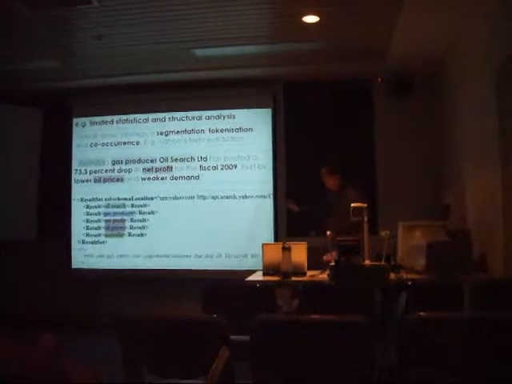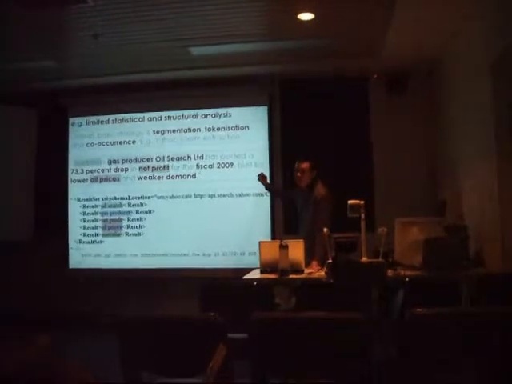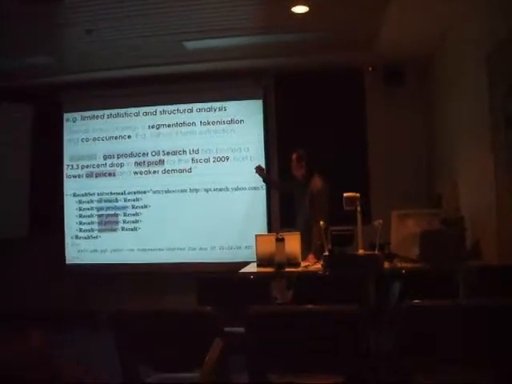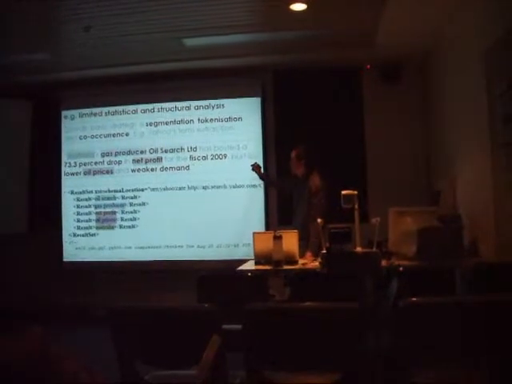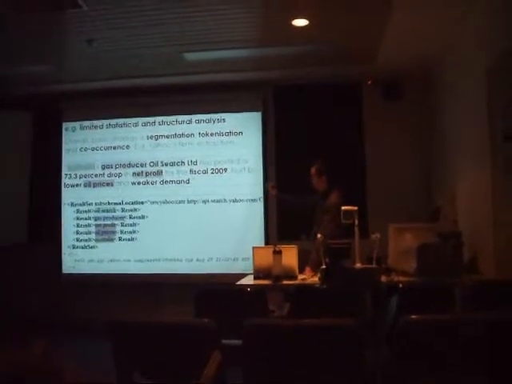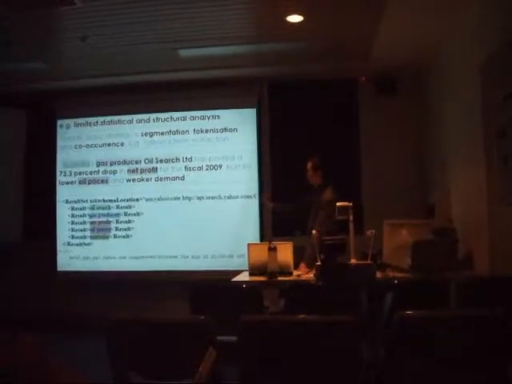As you can see, oil search here corresponds to only part of this named entity. Oil search is supposed to be oil search limited, or the extended version, gas producer oil search limited, and not merely oil search. Then for gas producer here, and then net profit here, oil prices here, Australia here.